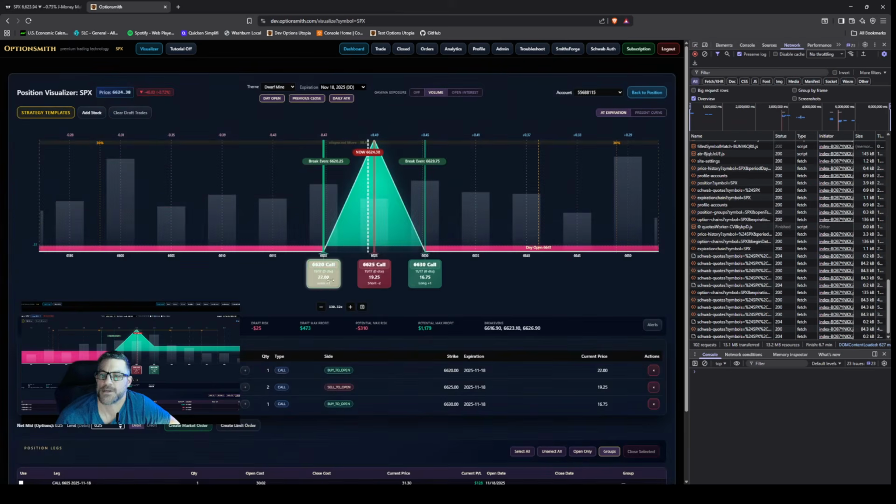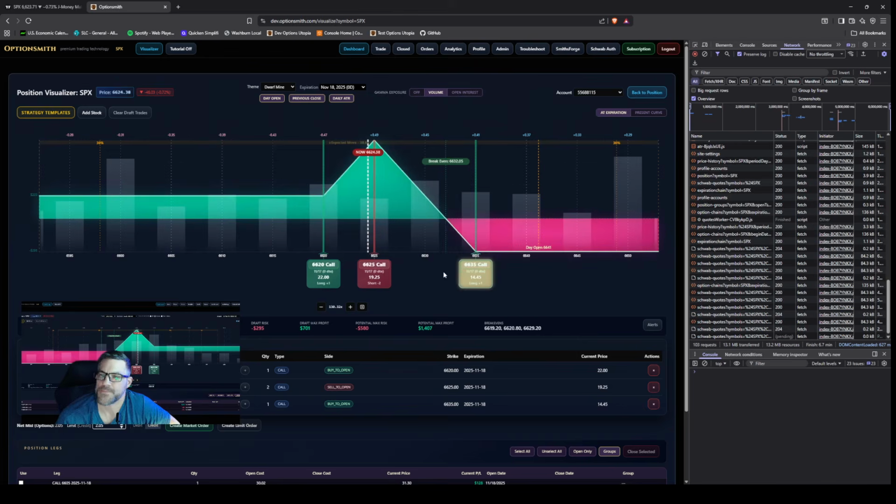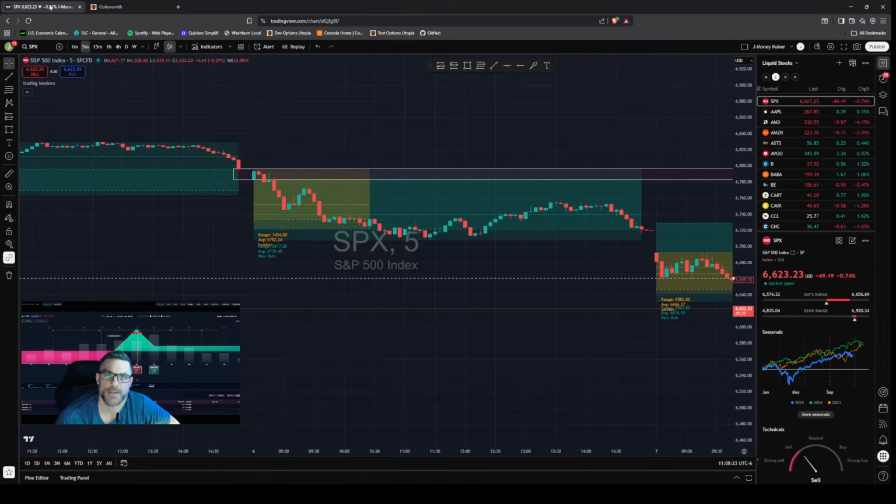So I'll put these calls on, and then I'll move the call on the right side over one strike. So it creates this kind of risk profile. So that happens, and I then wait and see if I get some distance between where I entered and where the price ends up.